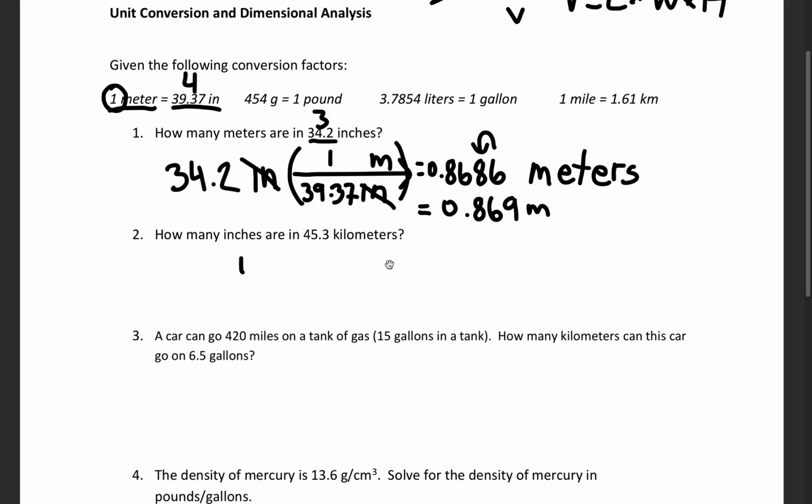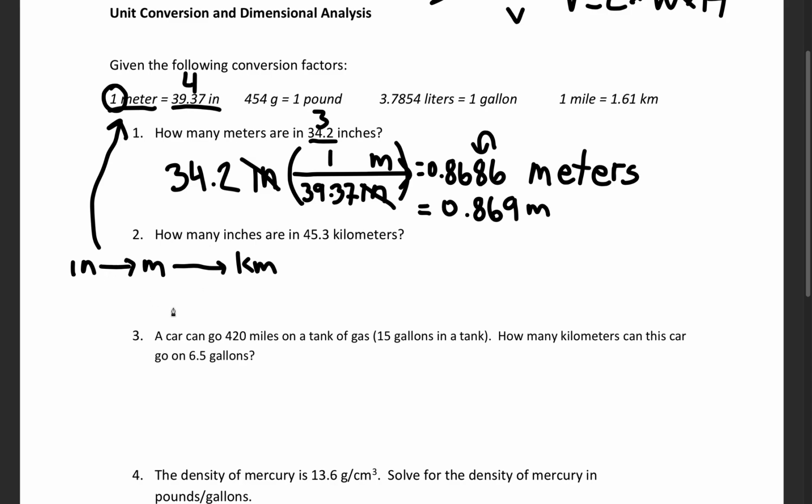Let me do it this way. This is going to be a 2-step problem. I'm going to go from inches to meters, because that's what we have up here, and then from meters to kilometers. So now this is my roadmap.